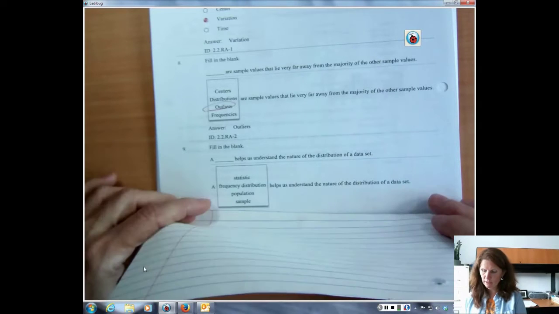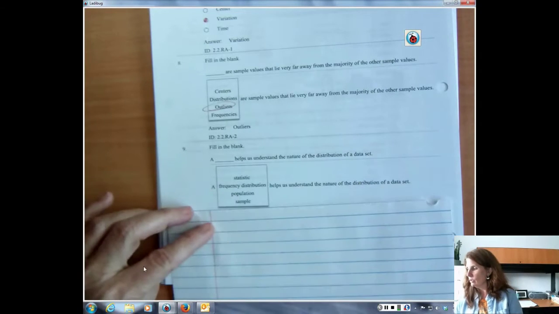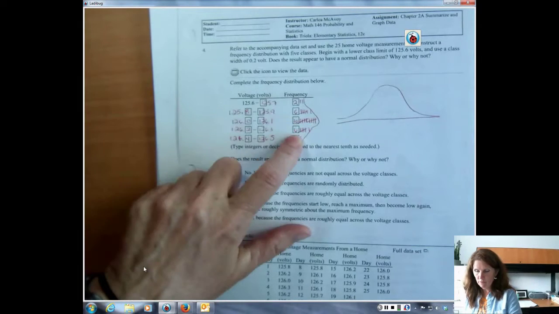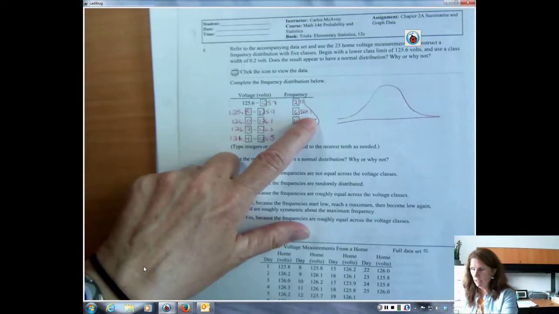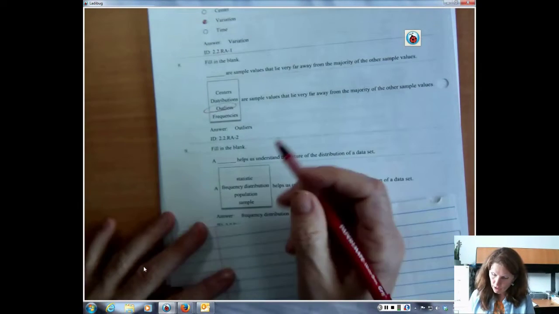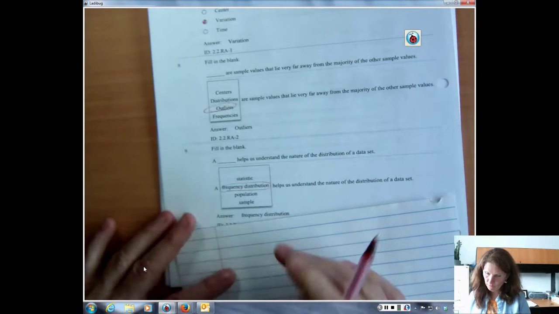When we answered the question a little bit ago about whether it looks like a normal distribution, by looking at this frequency distribution we saw that it kind of gets small, gets big, goes back down. So frequency distributions help us answer questions about the look of the data. That would be a frequency distribution.